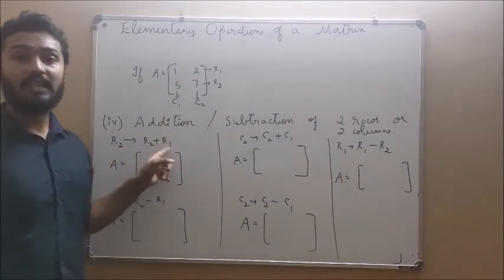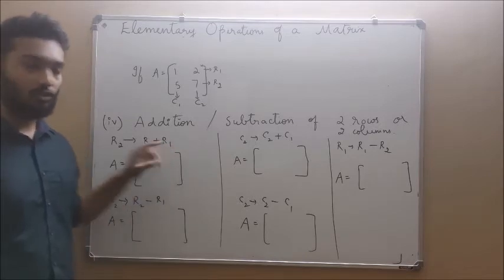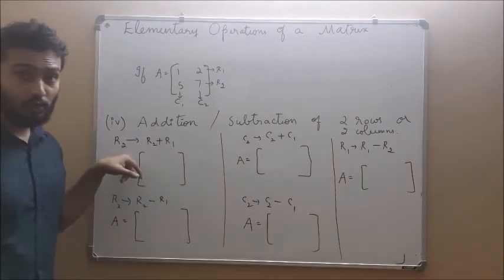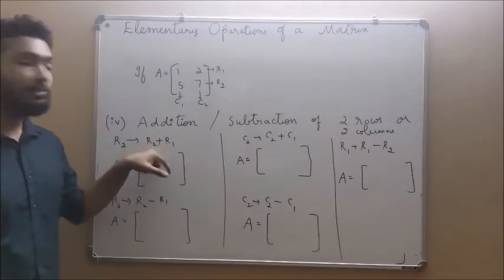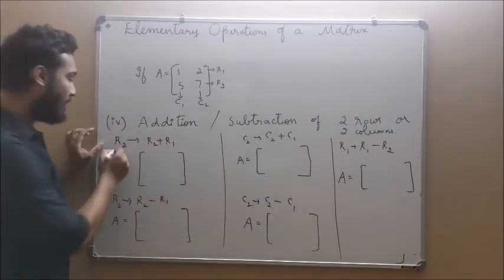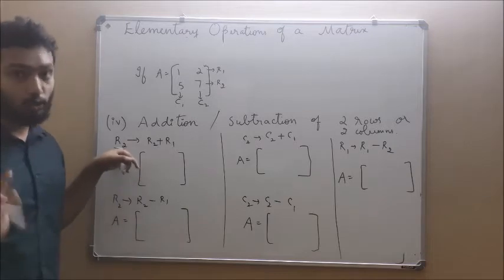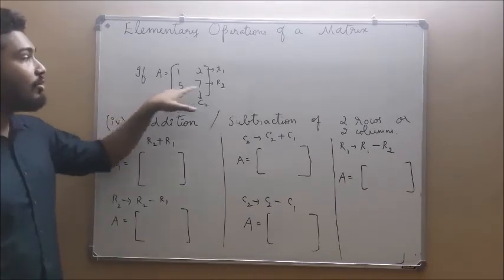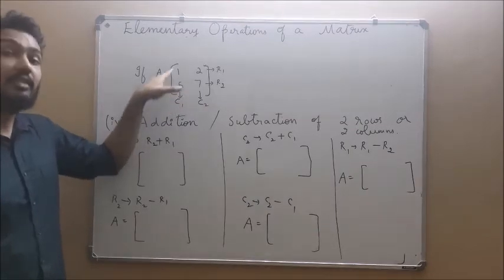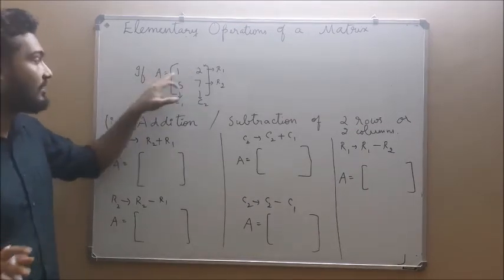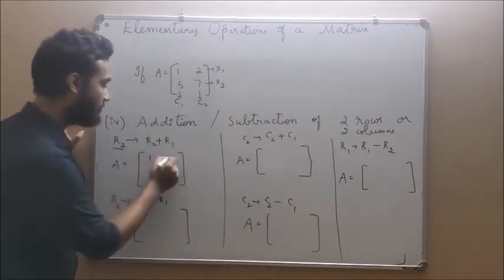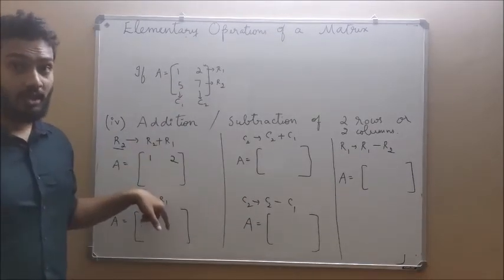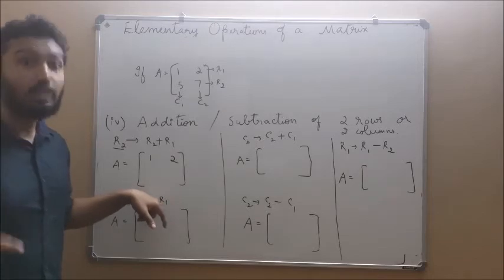So for example, we are adding R1 with R2. The operation is row 2 changes to R2 plus R1. Here we are changing row 2, so the first row remains as it is. Write the first row as it is. Row 2 changes means we are adding row 2 with row 1.